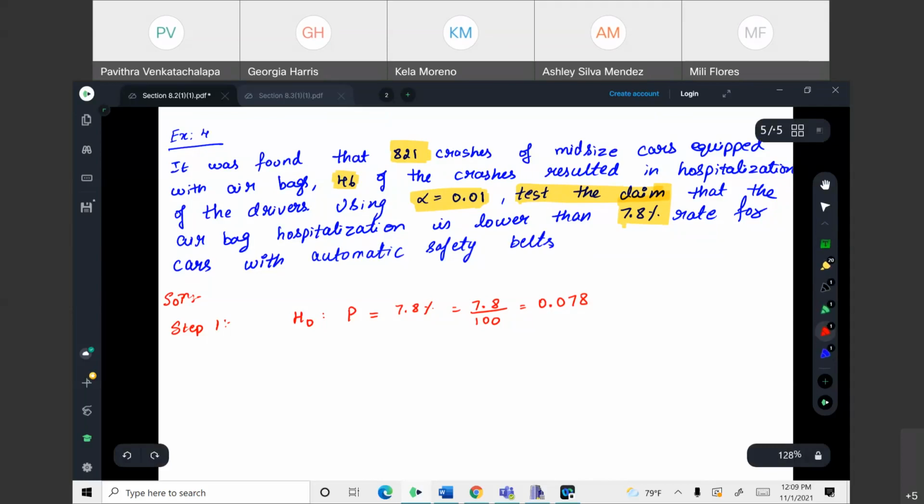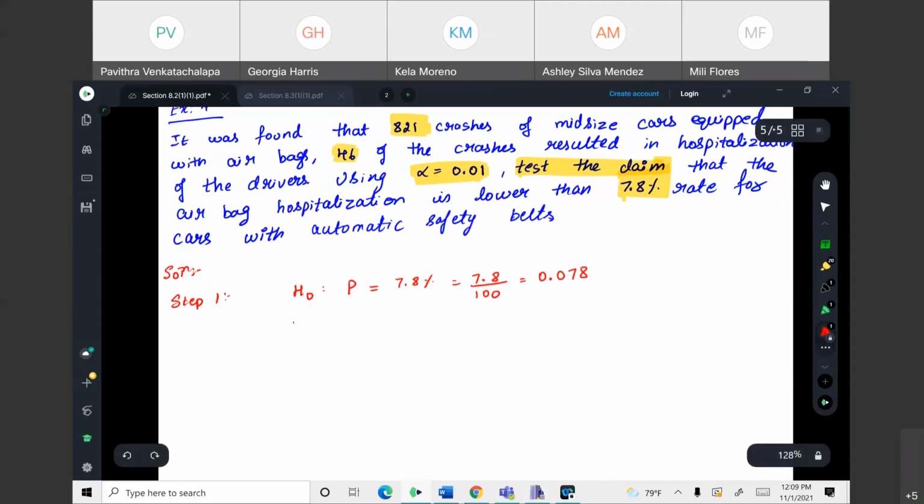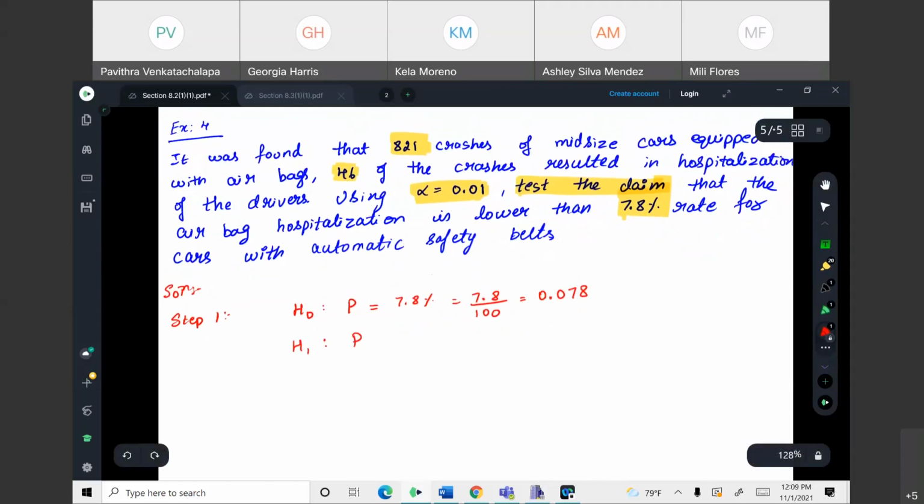This example is quite different. You will see why. Okay, now this is the alternative hypothesis. Since here we are saying test the claim that the airbag rate is lower than 7.8%, p is less than 7.8% or less than 0.078.